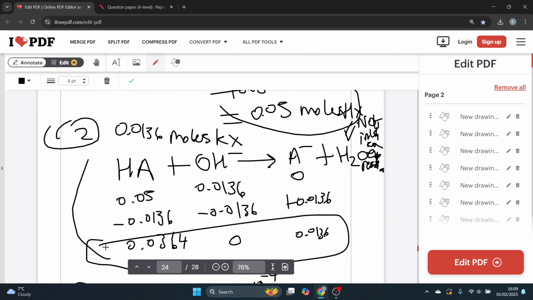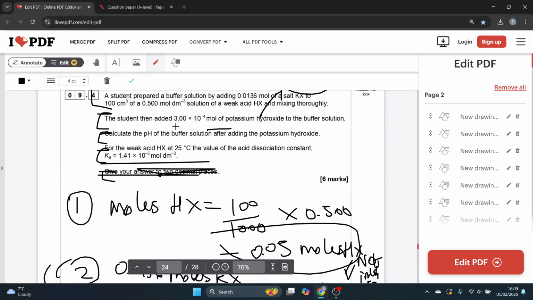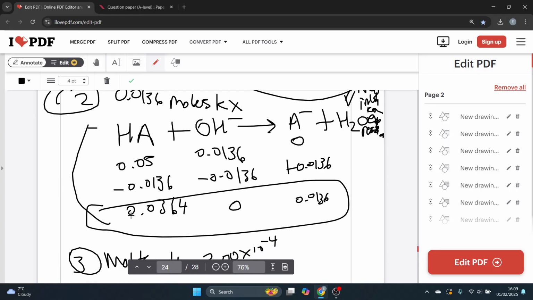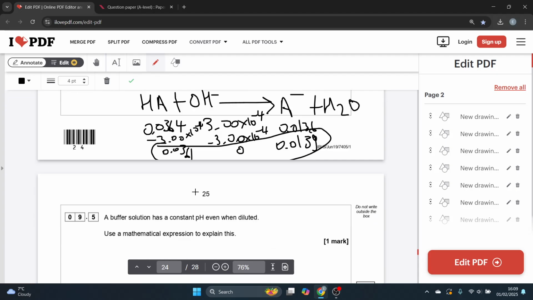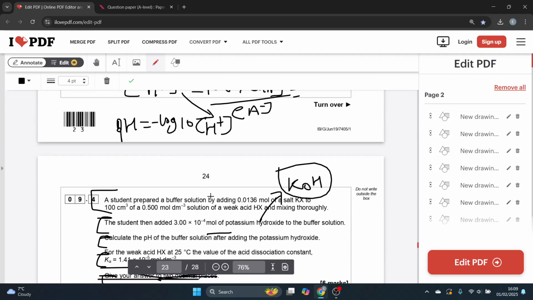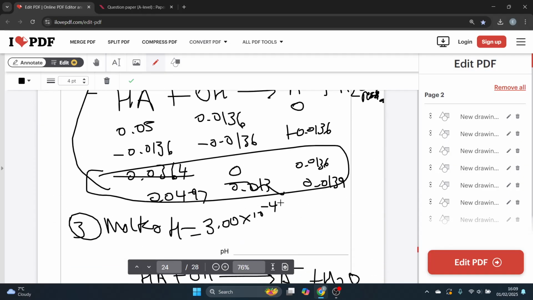Instead, because I added this much potassium hydroxide, I just subtract potassium hydroxide from HA, and add potassium hydroxide to A minus. I get 0.0497 and 0.0139. Then I do the exact same thing, rearrange the expression for H plus, substitute it in, take minus log 10 of H plus, and I get 4.30.